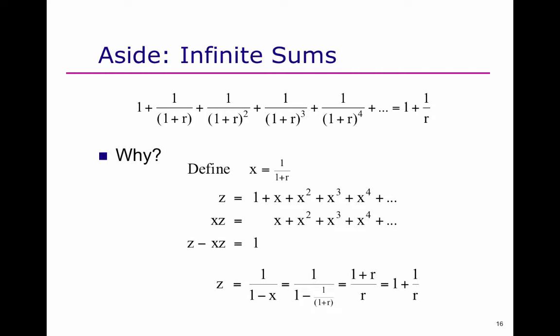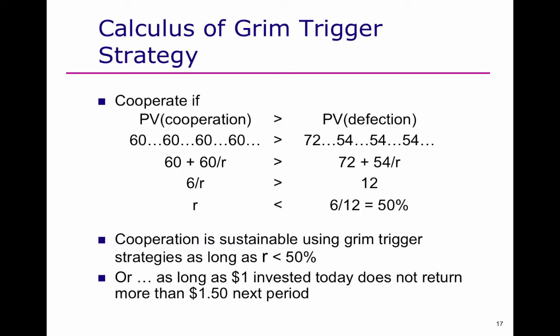Now, that definition isn't too important to work out. Just realize that there's a little bit of good mathematics that underlies this result. The calculus of the Grim trigger indicates I could cooperate forever, generating my value of 60 in an infinite number of periods. So this will be 60 plus 60 over R.